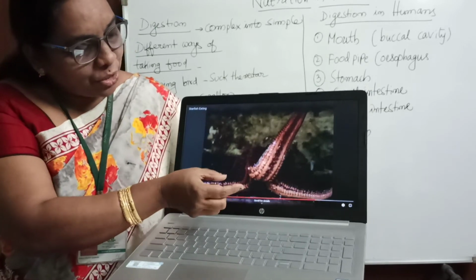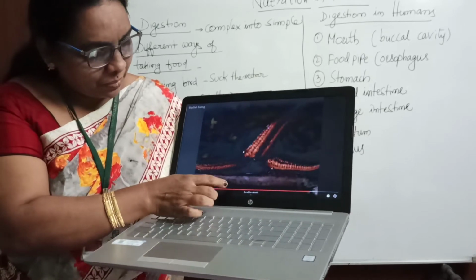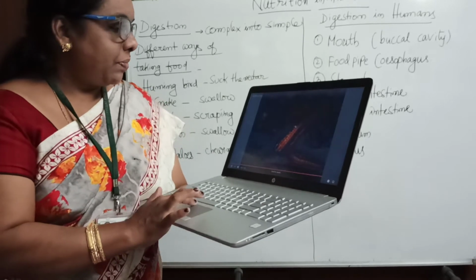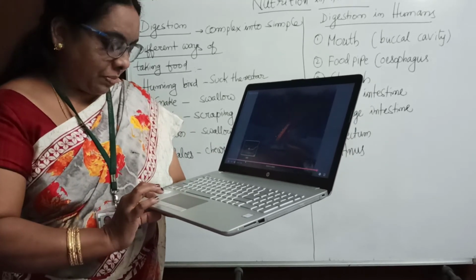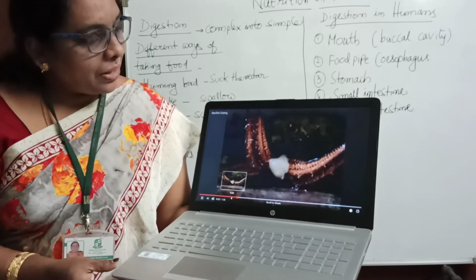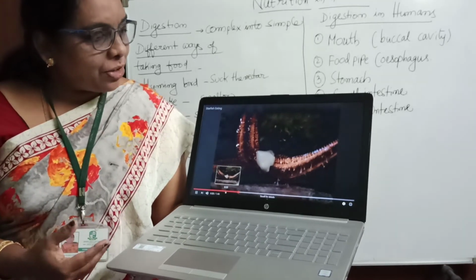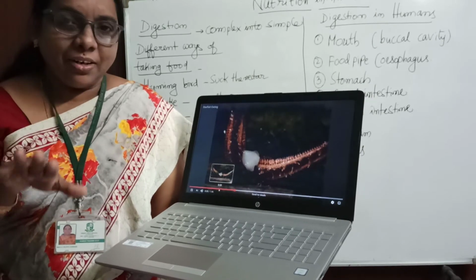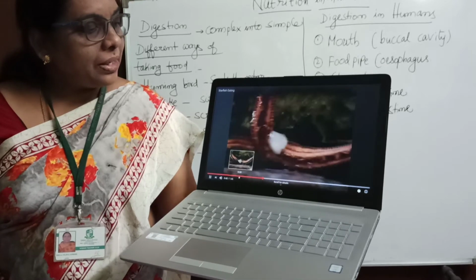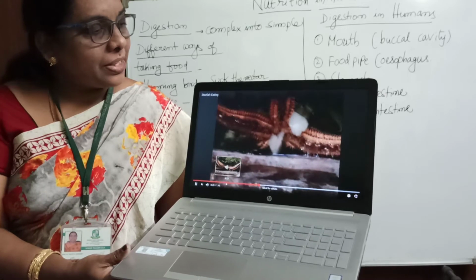Already the flesh, the white one, see here, the white flesh is going inside. The prey, the food particle, is going inside. When it goes inside, the animal automatically returns to its normal position. I hope you have had a look at how the food particle is going inside.